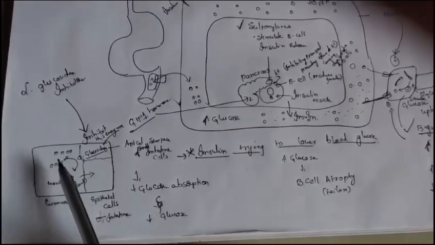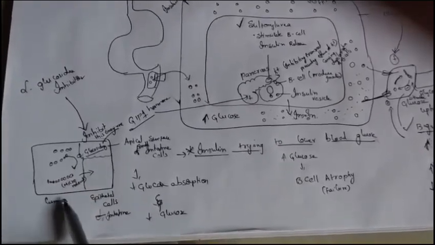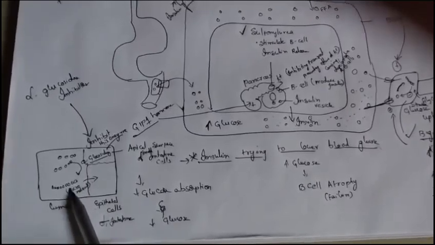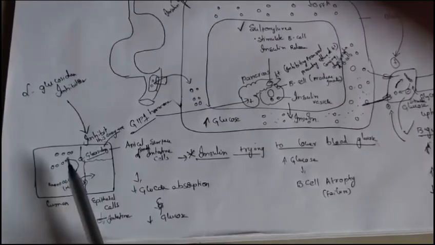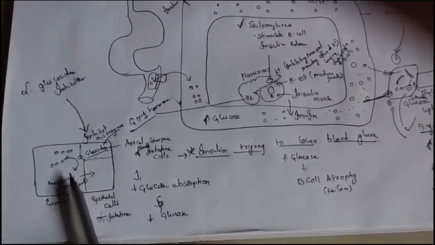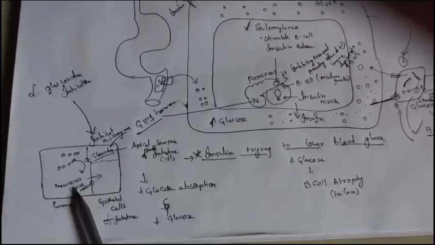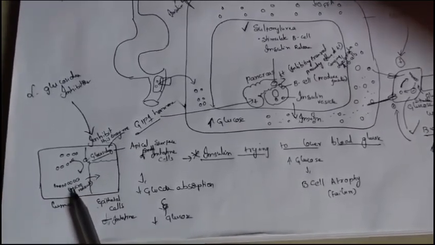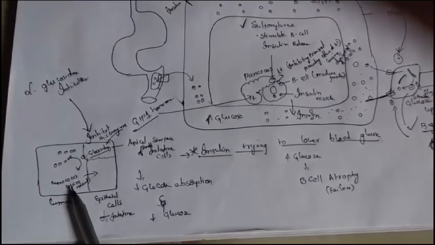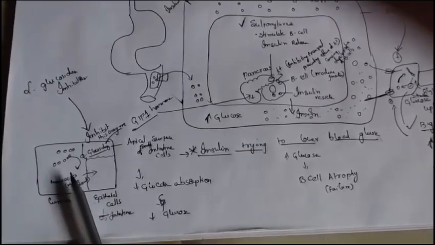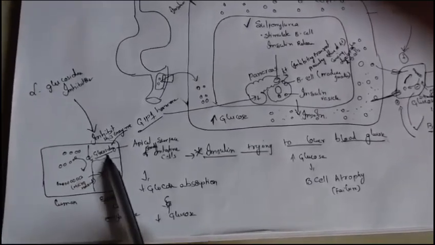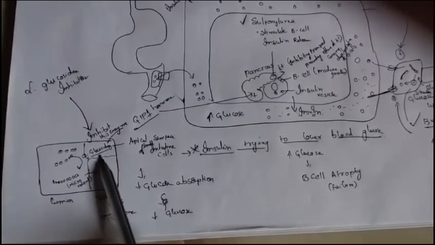Here the macromolecule is being converted into a micromolecule, and this breakdown process, the carbohydrate breakdown, is undertaken by the enzyme called disaccharidase. The brush border enzyme is called glycosidase.